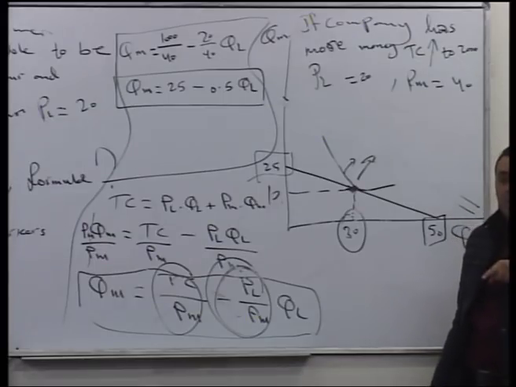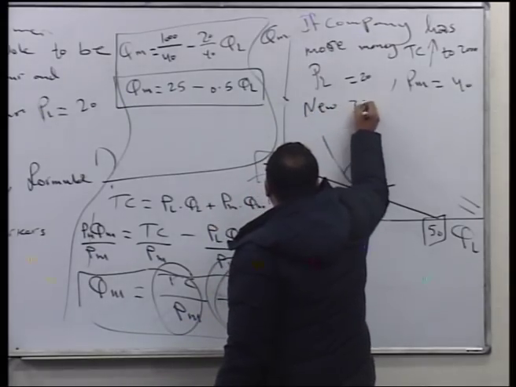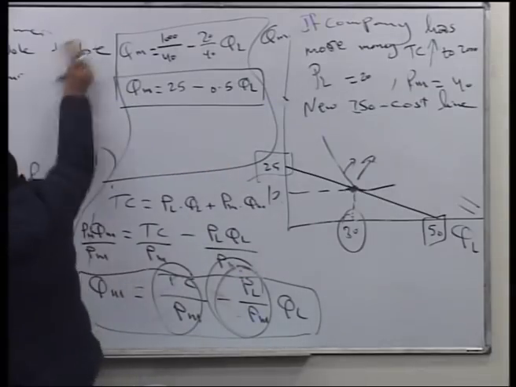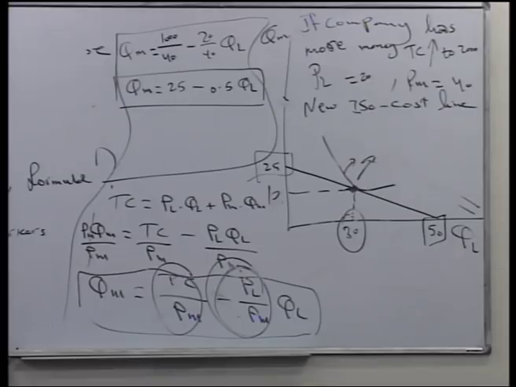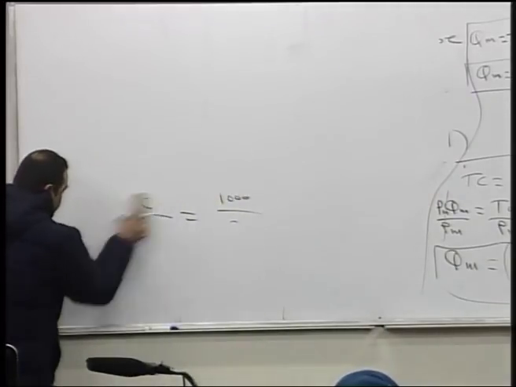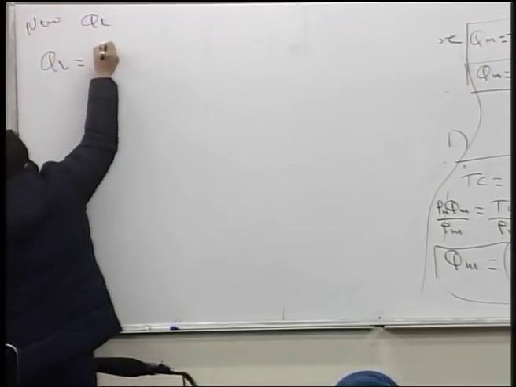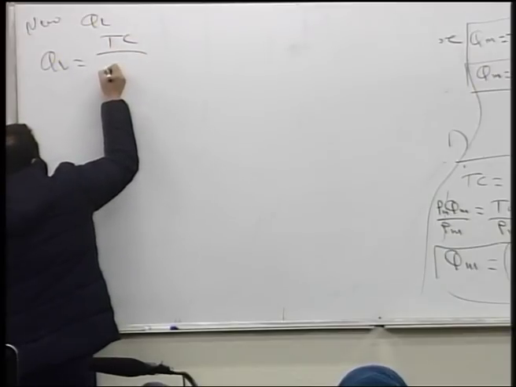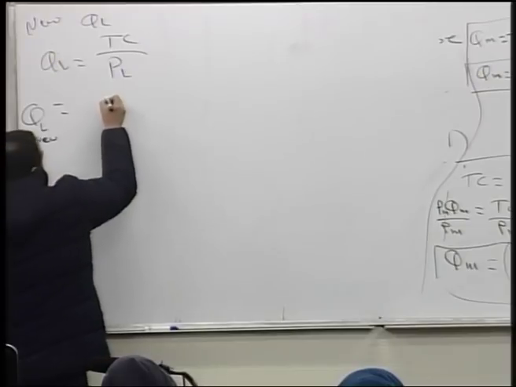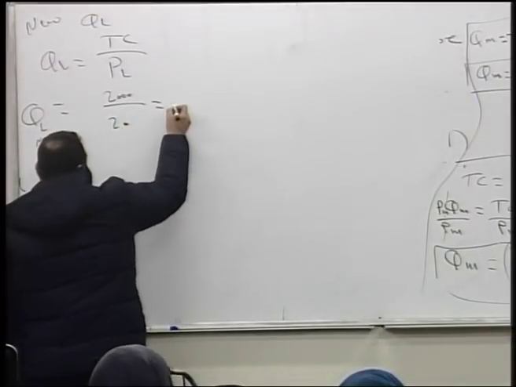Here we are talking about a new iso-cost line, right? So we will have the new iso-cost line. How do I calculate it? Like this. The new QL equals the new total cost over the price of L. QL new equals 2,000 over the price of L, $20, equals how much? 100.